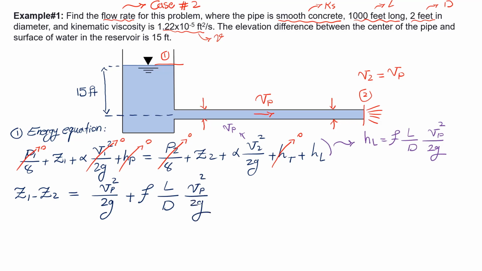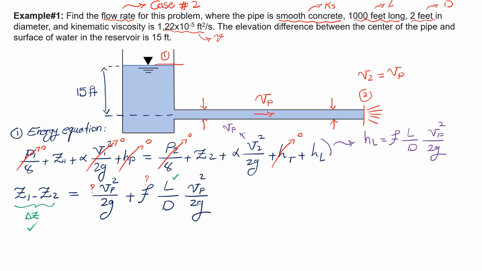All right, here we have delta Z. Delta Z is known, so we have this value. We do not have the value for velocity sub P. We do not have the value for f because, so this is unknown, and also this is unknown because we don't have the Reynolds number. We need velocity to calculate Reynolds number and to get f. We do have the value for the length of the pipe.